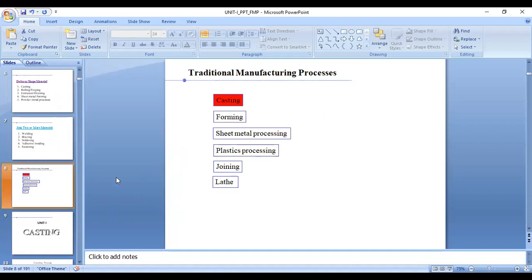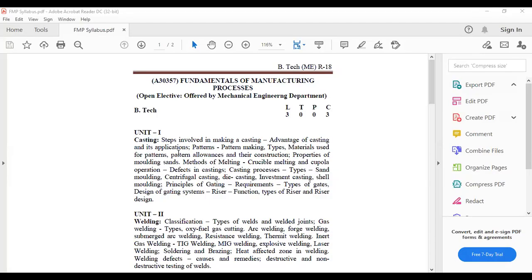Now we're going to start with the first unit, right? I have already, let me share it again, the syllabus. The first unit is about casting. Right? That's your first unit, right?